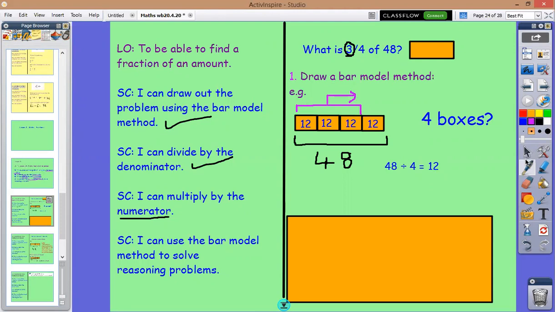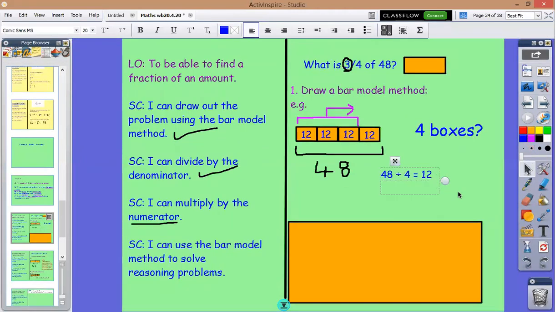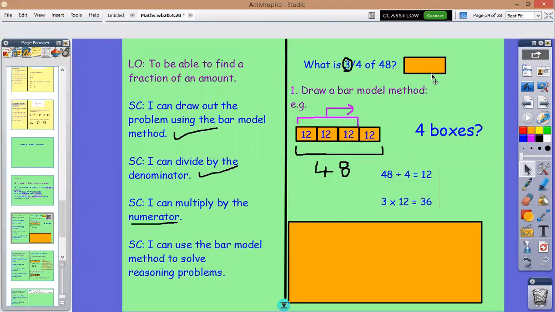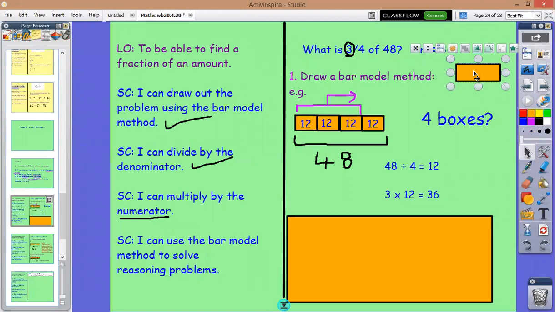What's my next number sentence? Really simple. These are my 3 boxes, representing 3 out of the 4, the 3/4. So I need to do 3 times 12, which equals 36. So my answer will have to be 36.